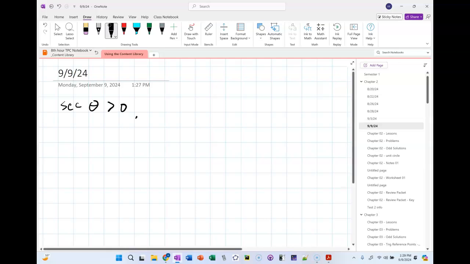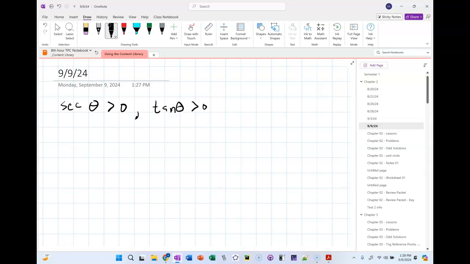It says tangent theta is greater than 0. Then that's just what the question says. Then it asks for the quadrant. Oh, sure. Y over x.